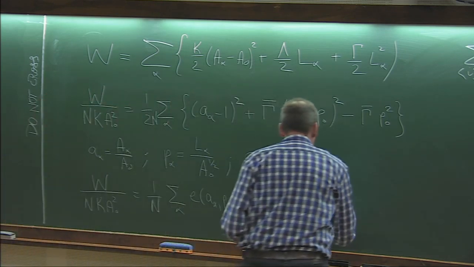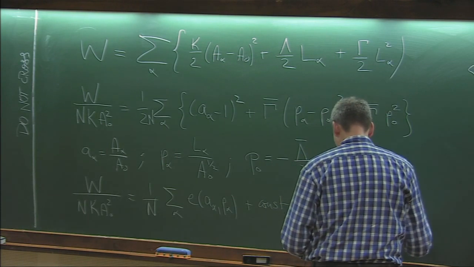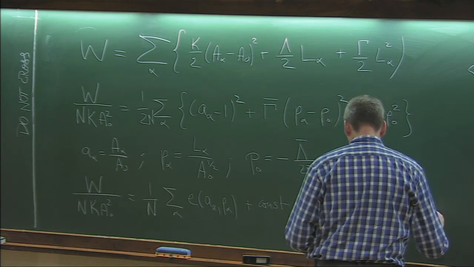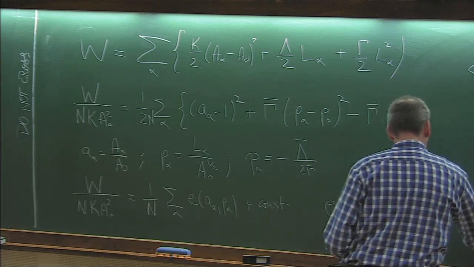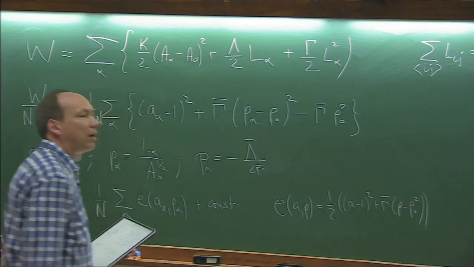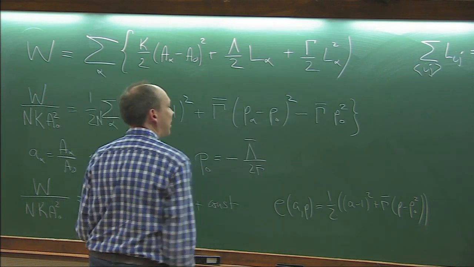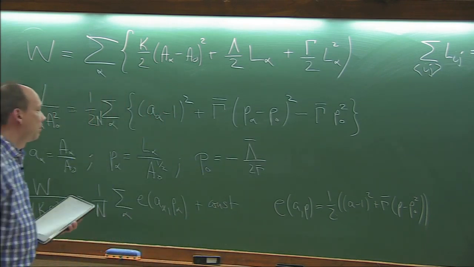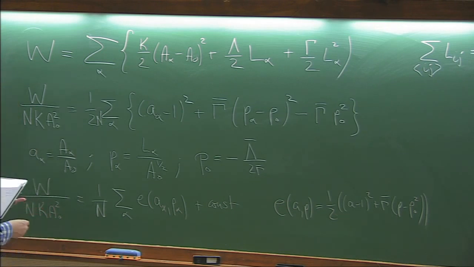And the function E of A and P is given by 1/2 (A minus 1) squared plus gamma bar (P minus P0) squared. And what one can do now is first ask, given the parameters lambda bar and gamma bar, what polygon minimizes this function E, and then put these polygons together to a network to have a minimum of the full function W.